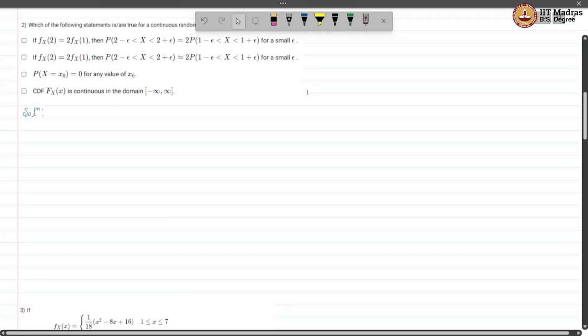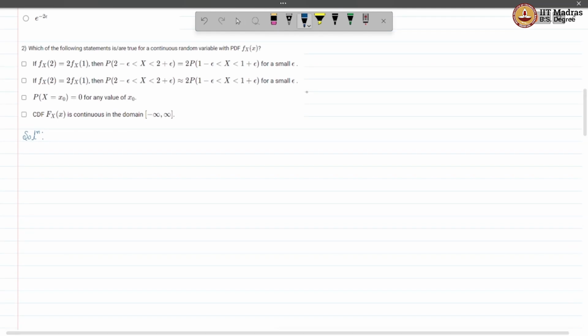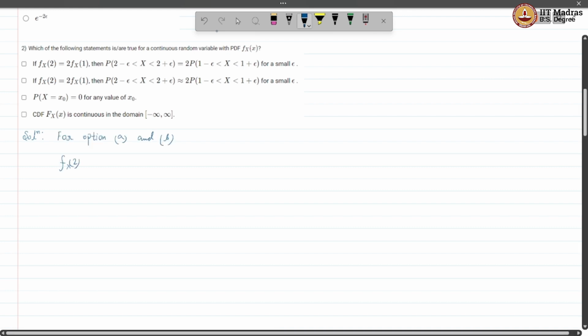Now moving on to question number 2. In question number 2, for a continuous random variable with defined PDF fx, we have to check which of these options are correct. So in options A and B, we are given that fx2 is equal to 2 times fx1.